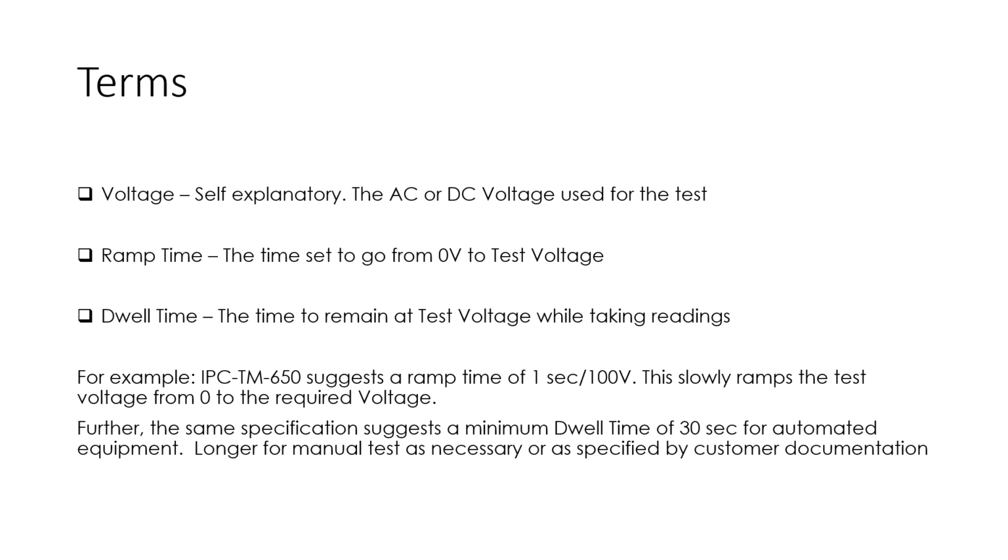So if we use an example of 1000 volts to do the Hipot or IR test, we want to ramp that up 100 volts per second. So it'll take us about 10 seconds to ramp that up. And we do that for a reason of safety.